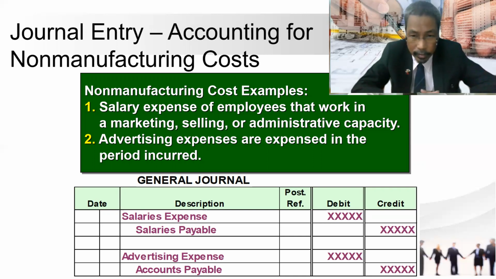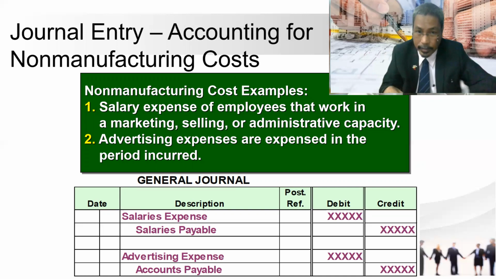Think of any value to be written on the debit side, and also write that same value on the credit side. Another value for advertising expense, another value for salaries expense. Do it repeatedly, just to practice writing it down.